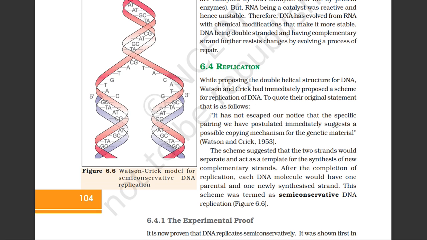The scheme suggested that the two strands would separate and act as a template for synthesis of new complementary strands. After the completion of replication, each DNA molecule would have one parental and one newly synthesized strand. This scheme was termed semi-conservative DNA replication, figure 6.6.